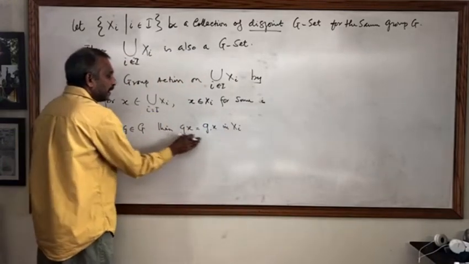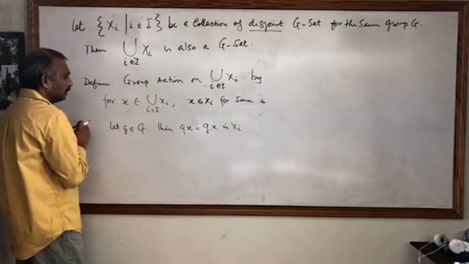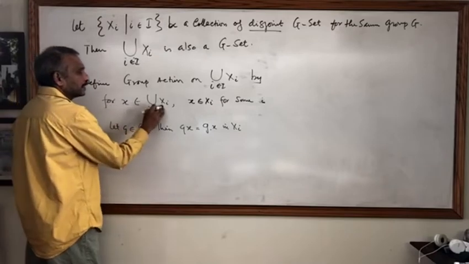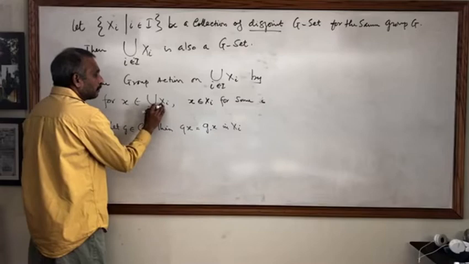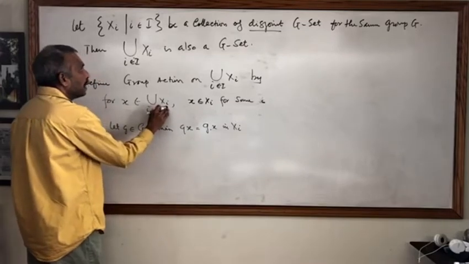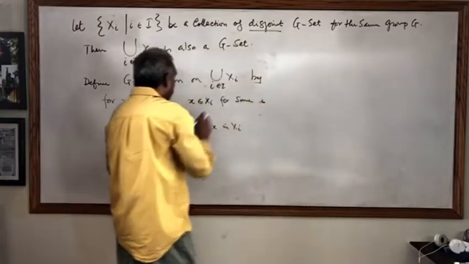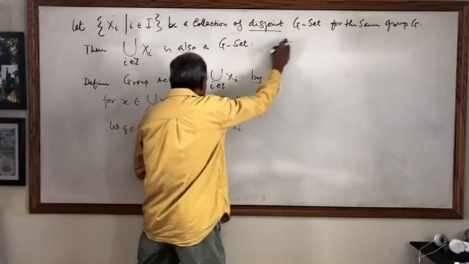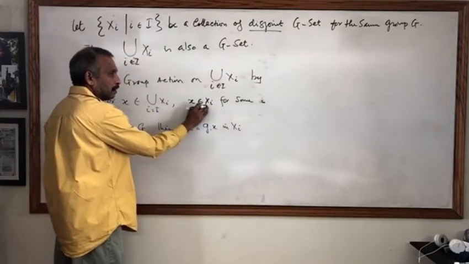So this is a well-defined action because this x is coming from a single Xi, and each of these Xi's are G sets. So the axioms of the G sets or the group actions follow automatically because they are all G sets.